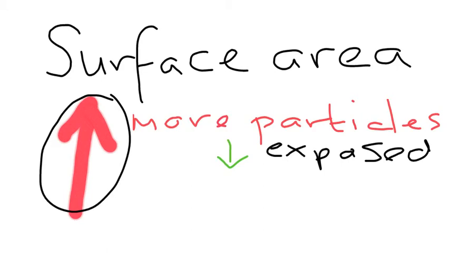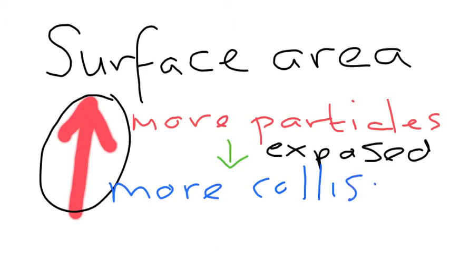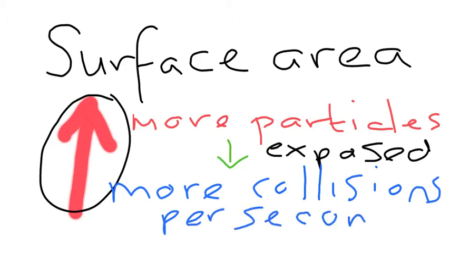If we have more particles exposed on the surface of our solid reactant, we are going to get more collisions. And again, to gain access to the higher marks, we are going to make sure we include time. So more collisions per second would be created with a larger surface area.